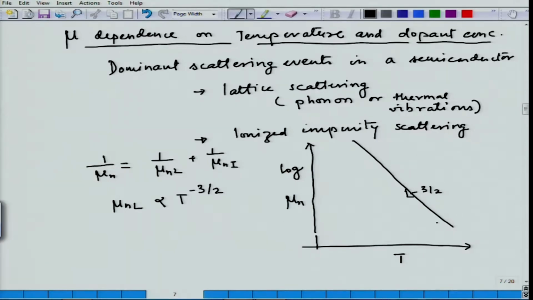So, this is the behavior that one sees, and if you look at the electron mobility due to impurities, then that comes out to be proportional to T to the power 3/2 divided by the concentration of the ionized impurities. So, Ni is the concentration of the ionized impurities.